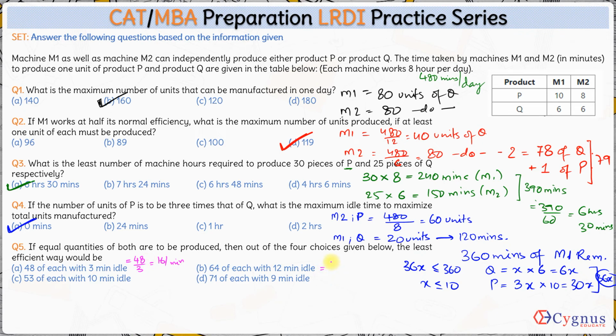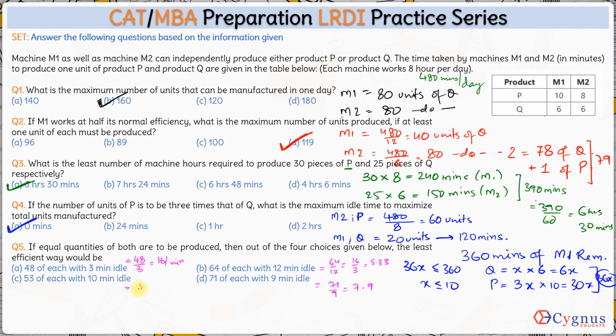For option B, this becomes 64 divided by 12. This goes by 4 16 times, this goes by 4 3 times. So this is 5.333 and so on. Option D, this is 71 by 9. This is almost 8, like 7.9 approximately.